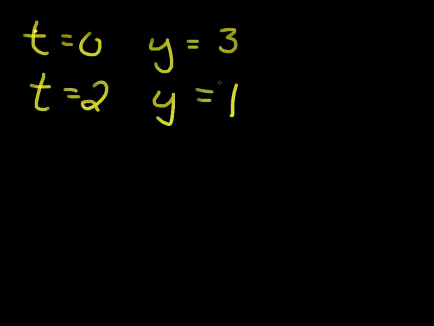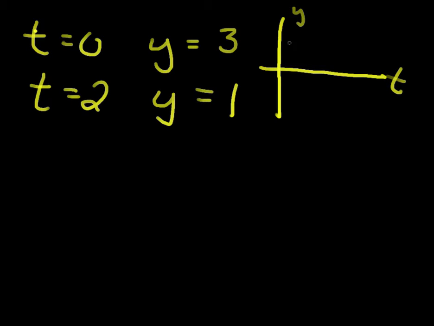So this particle is moving in a straight line, and we'd like to know its position. This gives us the rate of change, the slope, because when time is 0, we know its y position, and when time is 2, we know its y position. Again, we can map that on a graph. Instead of this being the x-axis, this is the t-axis, and this is the y-axis.